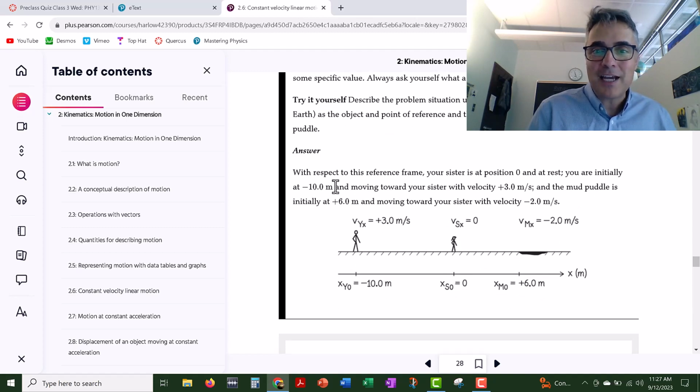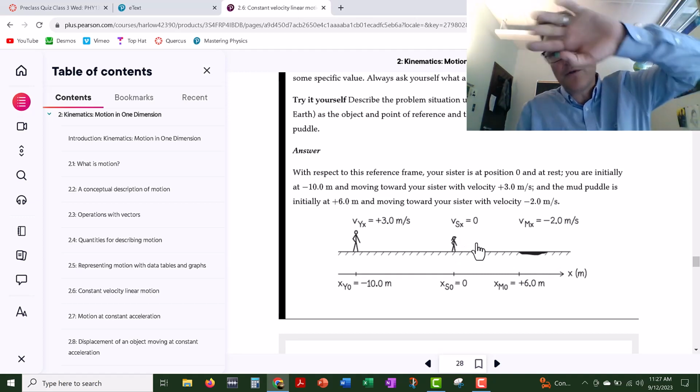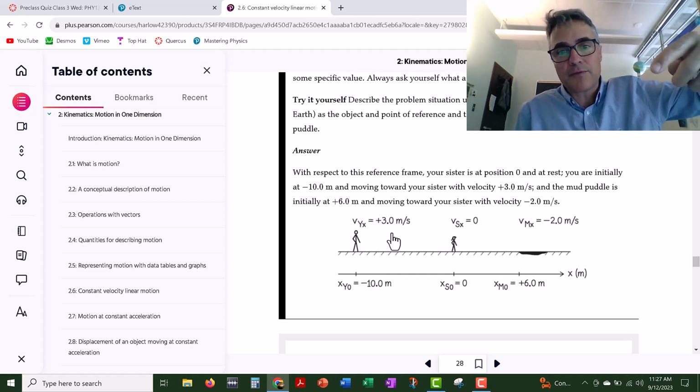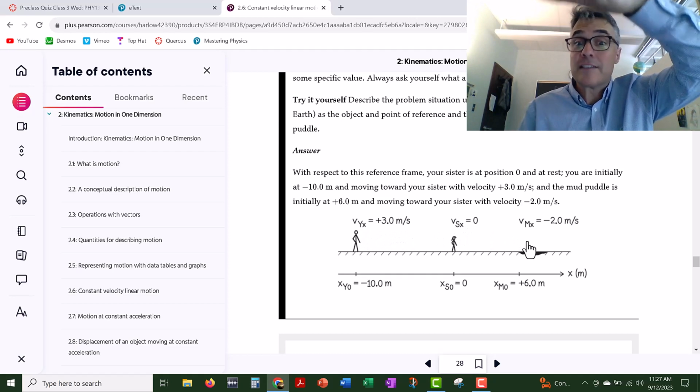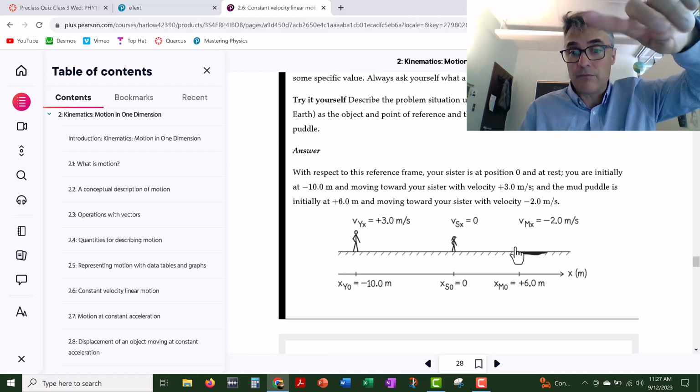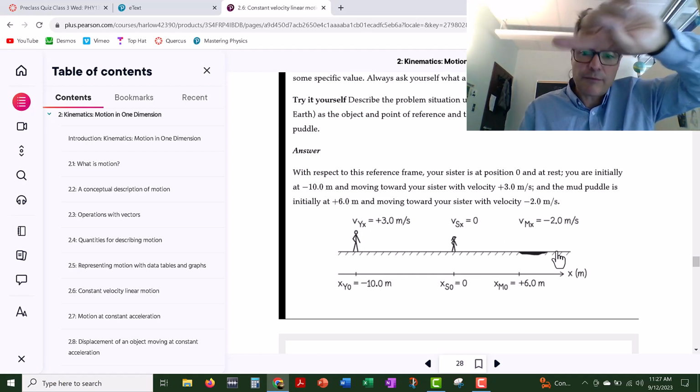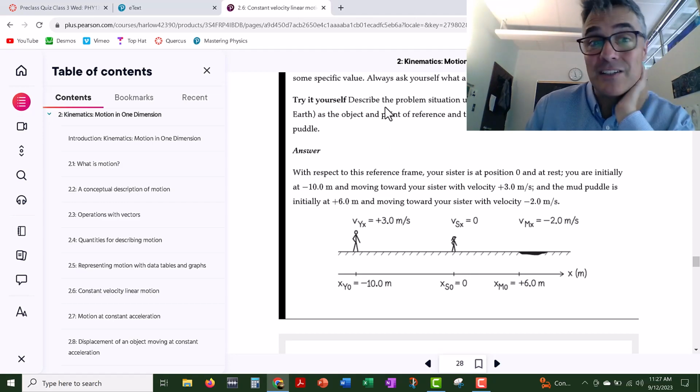And what's happening is that you're moving towards your sister with plus 3 meters per second, and the mud puddle is moving with a velocity of minus 2 meters per second from the sister's reference frame. You just subtract the sister's plus 2 from everything. So you were going at plus 5, now in her reference frame you're going at plus 3. The mud puddle was at 0 velocity relative to the ground, so in the sister's reference frame it's moving at minus 2.